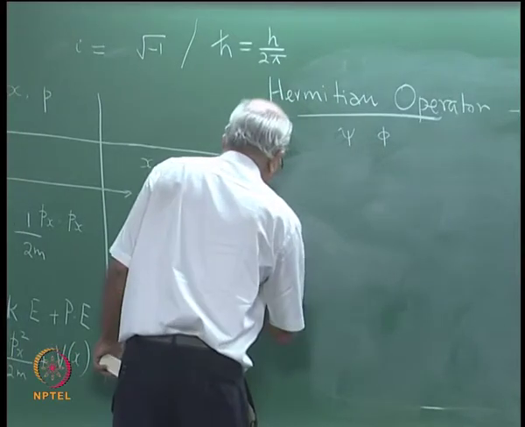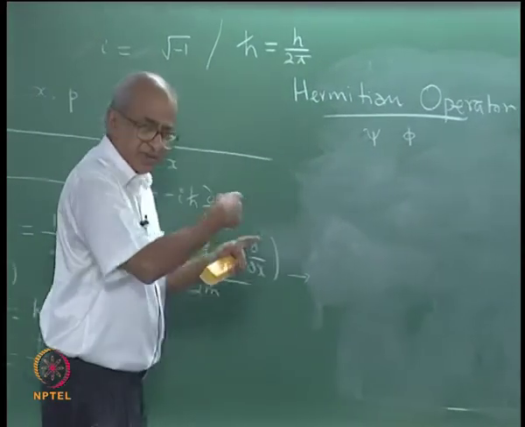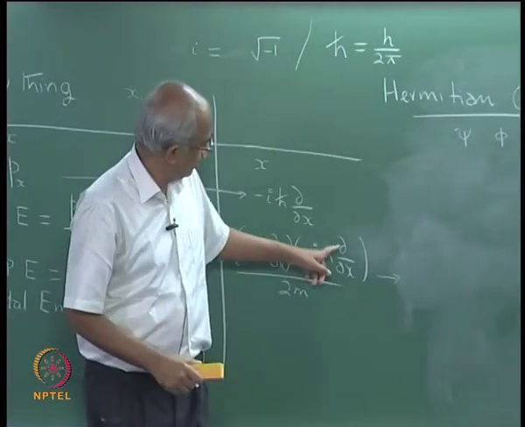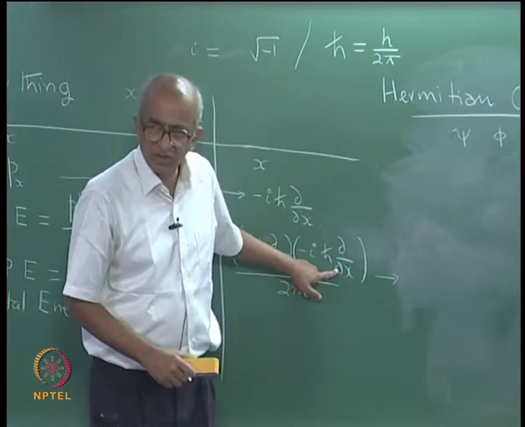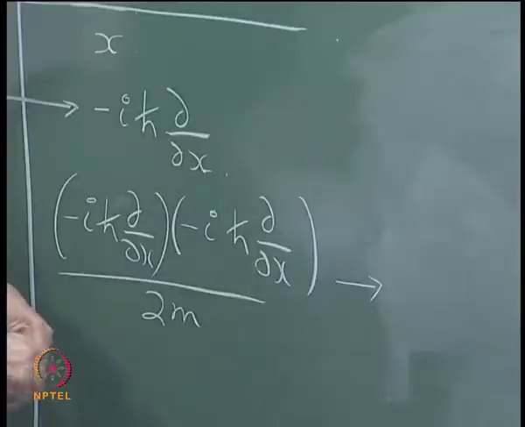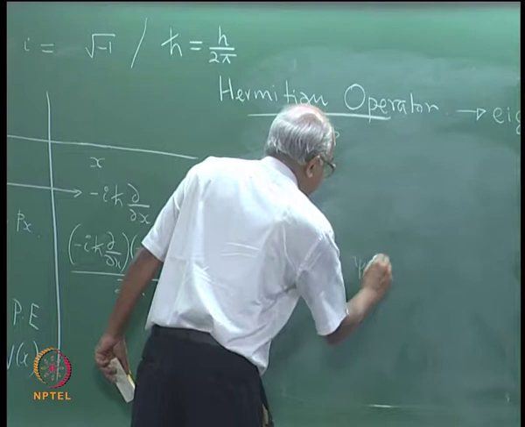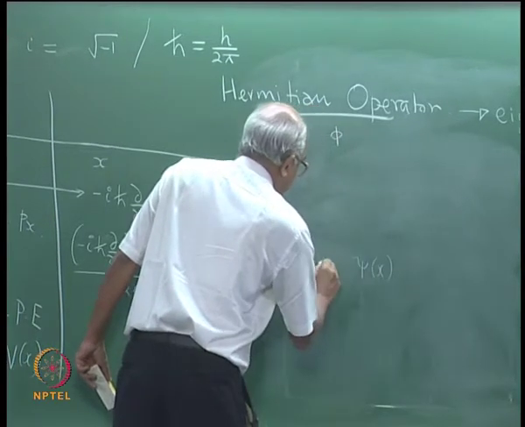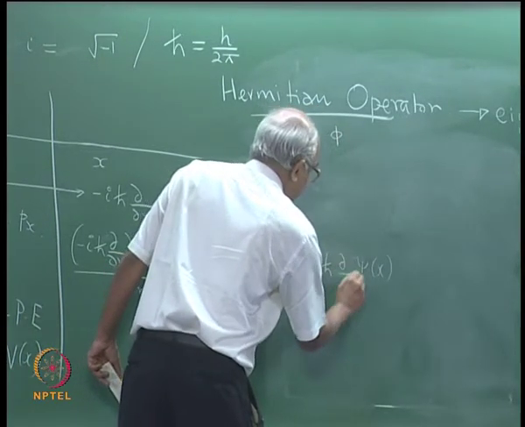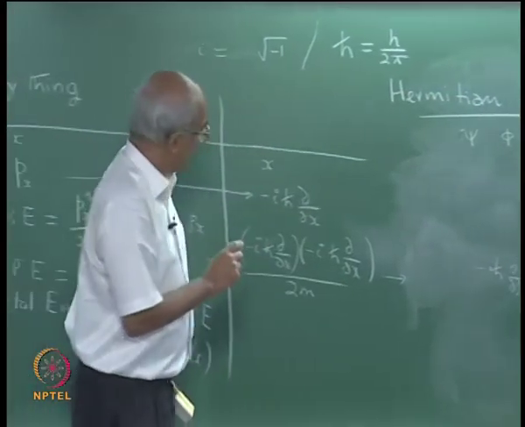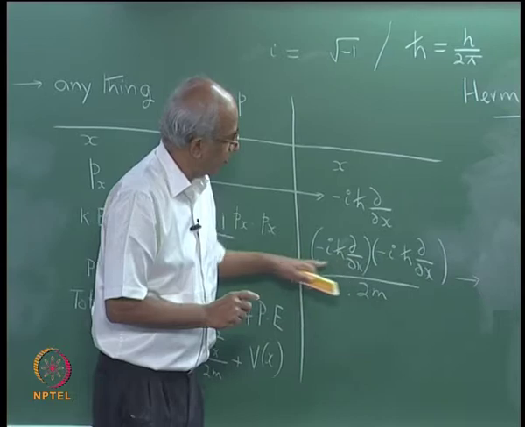What this means is, if this operator is operating upon psi of x, I allow the first operator to operate on it first. The answer will be minus i h cross dou by dou x of psi, that is, I am calculating the derivative of psi, but then I have to do the same operation once more.